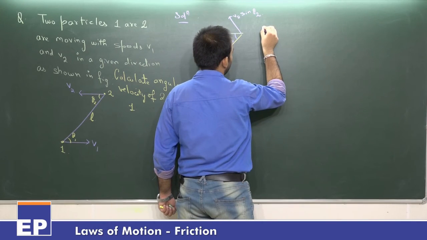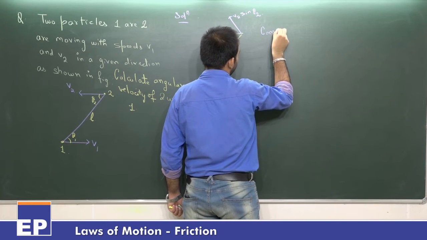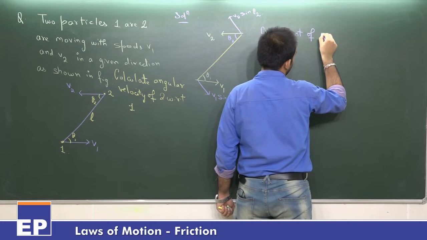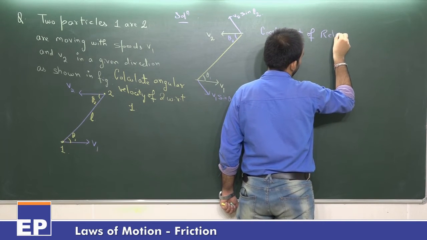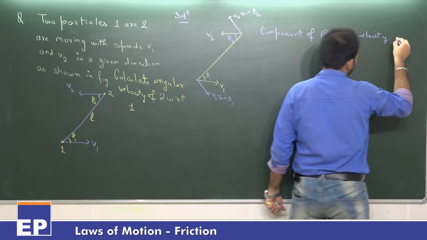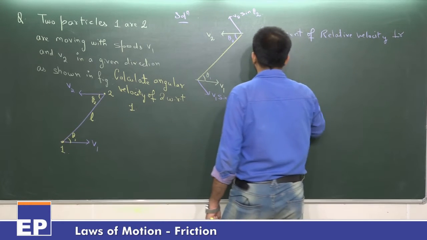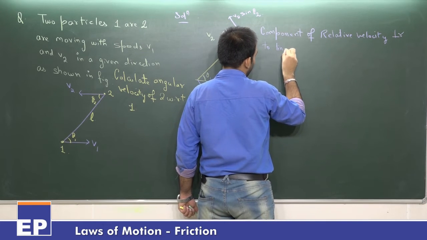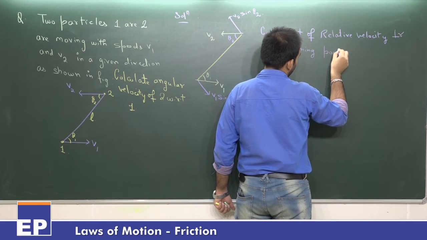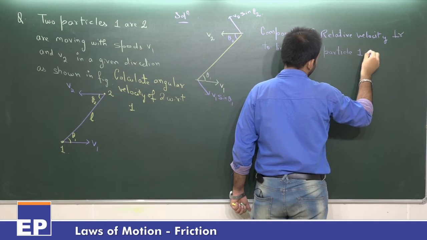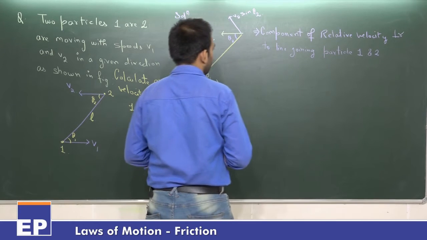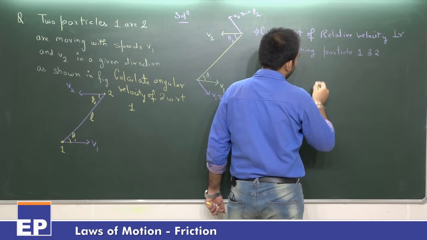We have to calculate the component of relative velocity perpendicular to the line joining particle 1 and 2. So what is the component of relative velocity?